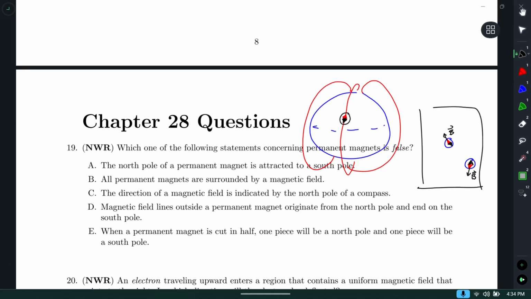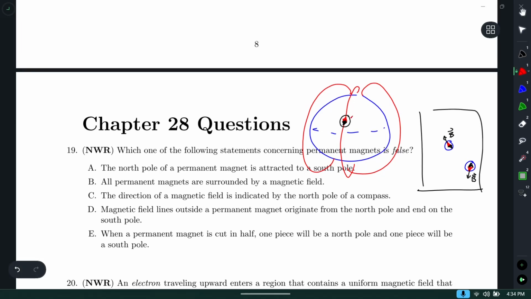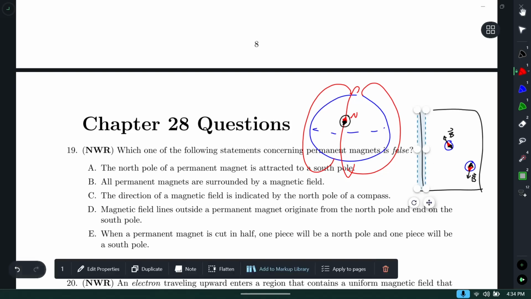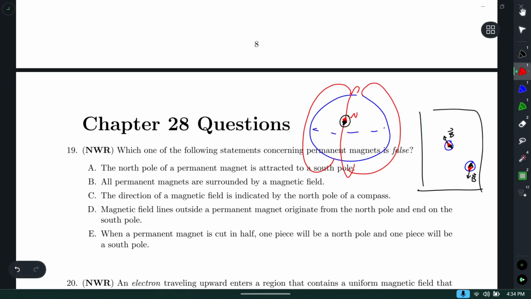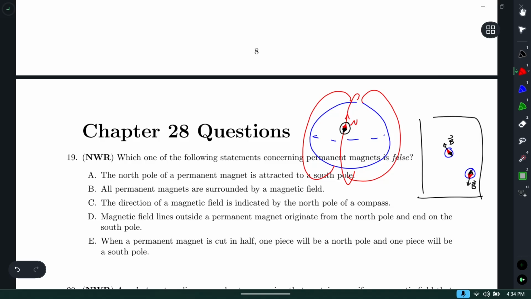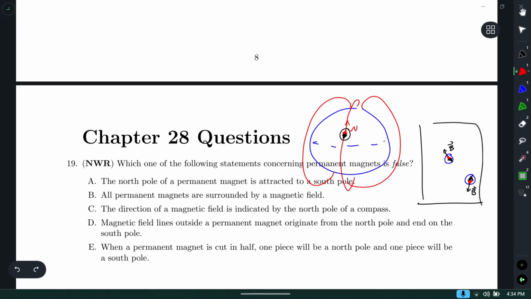So the North Pole of the compass is in the direction of the magnetic field of the Earth, but that doesn't mean that up here is the North Magnetic Pole, because when we think about field lines, they point away from the North Pole towards the South Pole. So the Earth's North Pole is actually this side, and up here is the South Pole.